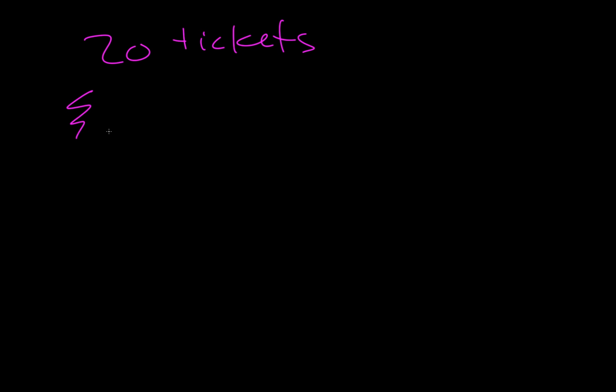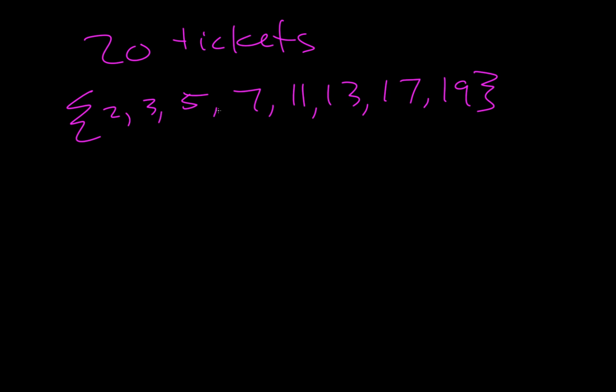Let's write down the prime numbers between 1 and 20. Alright, I think I got them: 1, 2, 3, 4, 5, 6, 7, 8.